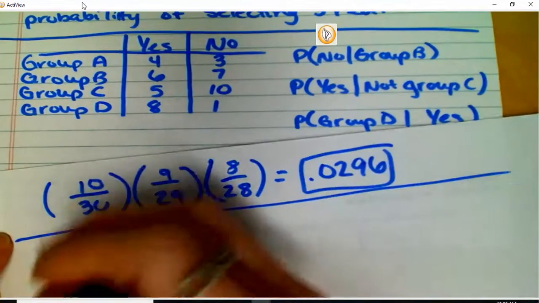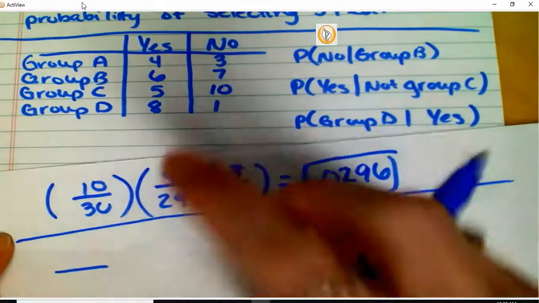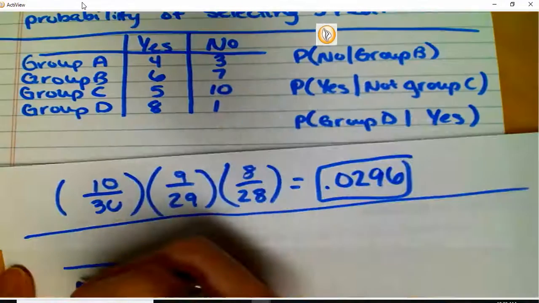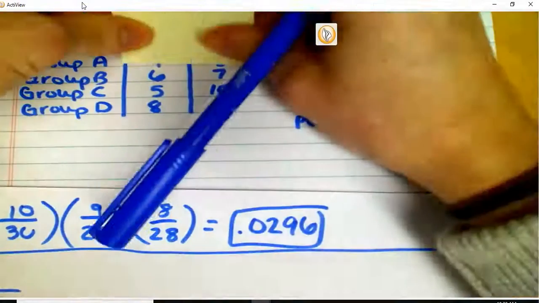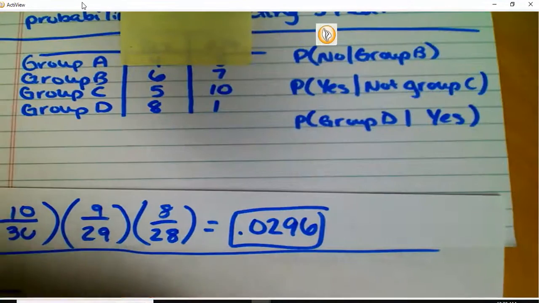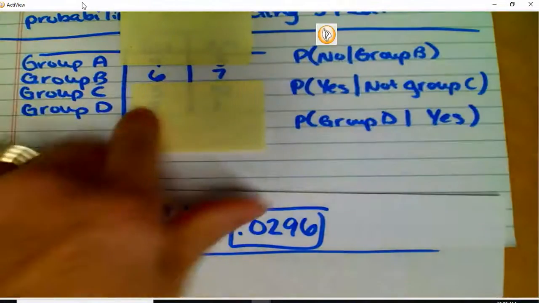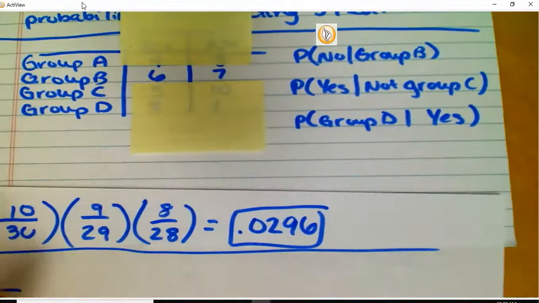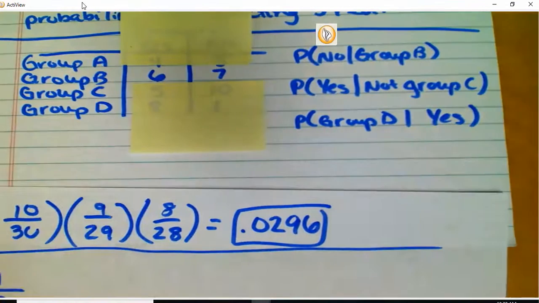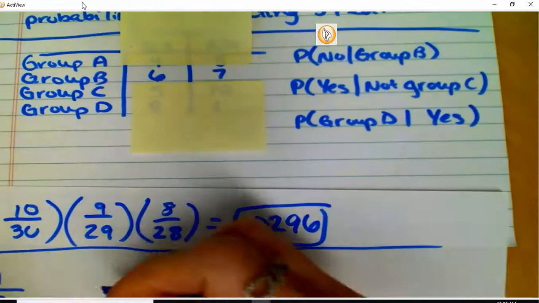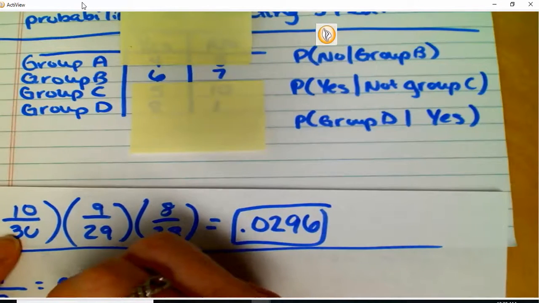Group B. So if we add that up, group B is 13. So I am only looking at that part. I already know we're in group B. So then my numerator is from those, which ones said no. So we get 7 out of 13 or 0.5385.